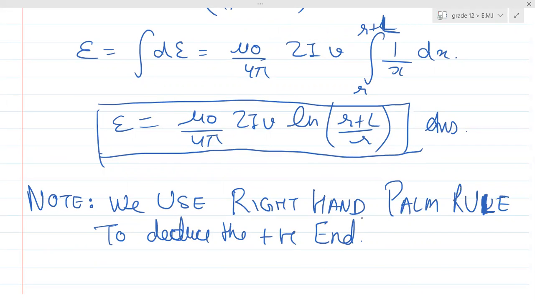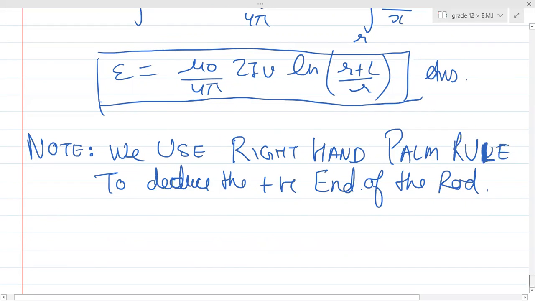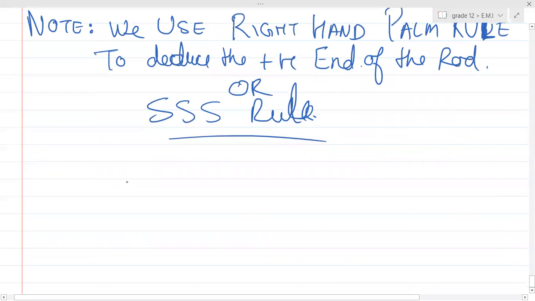Either you can use right hand thumb rule or you can use Schiff's snake rule as well to deduce the positive end of the rod. Either right hand palm rule, learn something new, or we can use both. So let's see both of them. Okay, how will we use them?